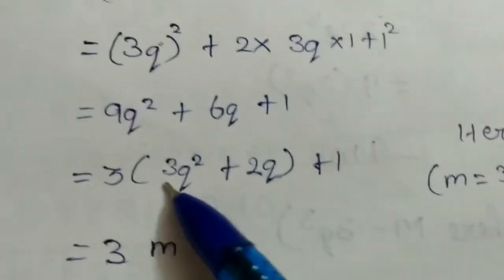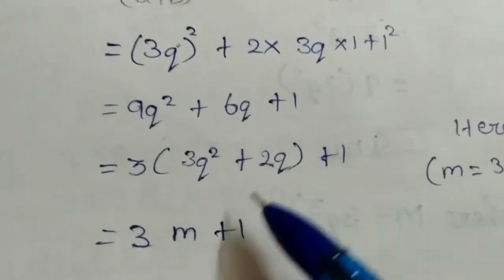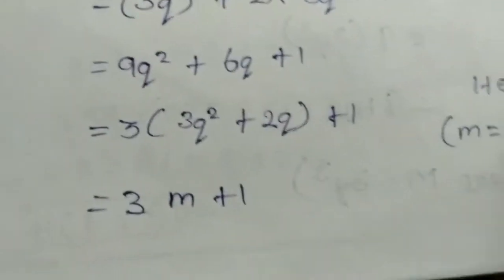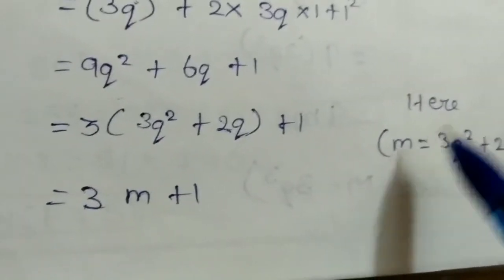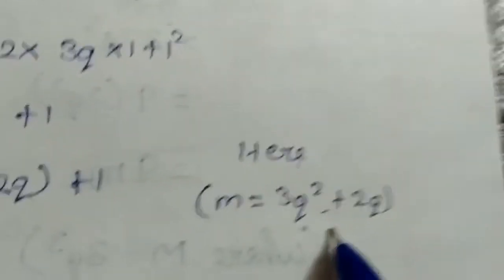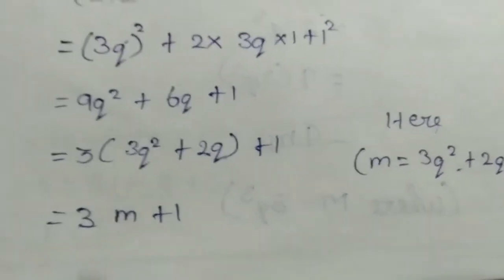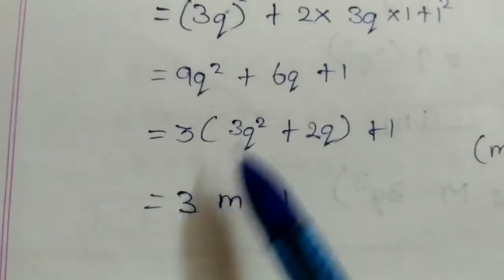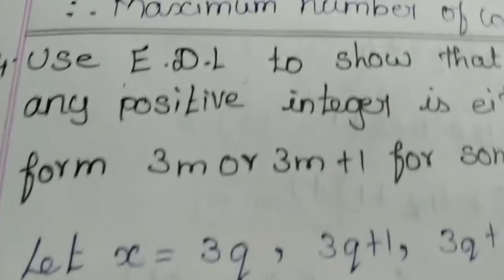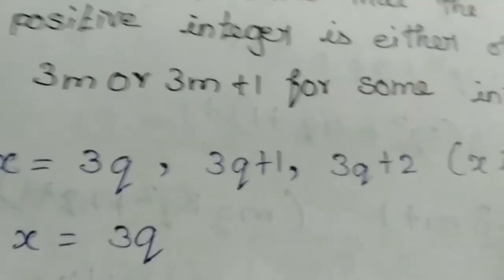So 3 into 3q square plus 2q, close bracket, plus this 1. This bracket I keep as m. See here m is equal to 3q square plus 2q. So I take this number as m, so 3m plus 1. See, 3m plus 1 we also found.